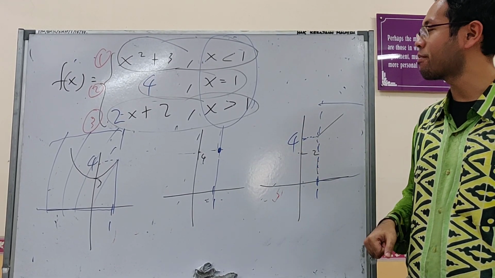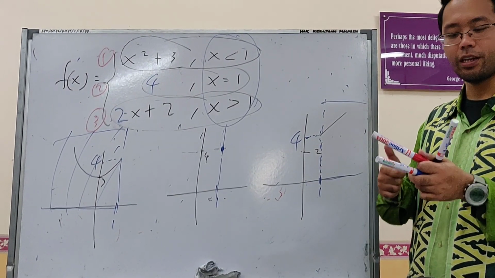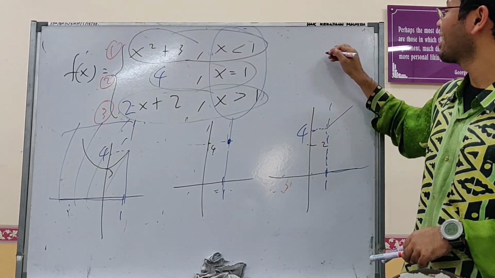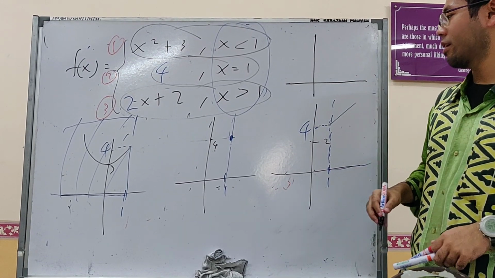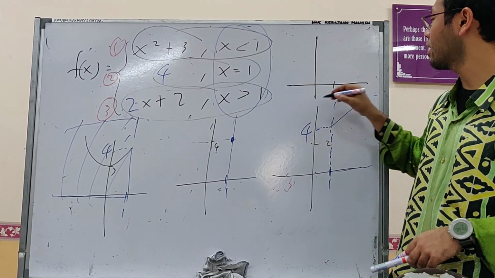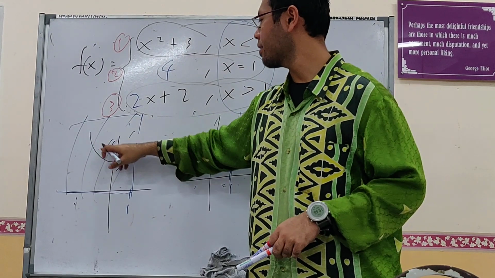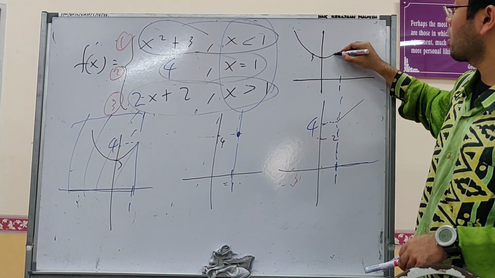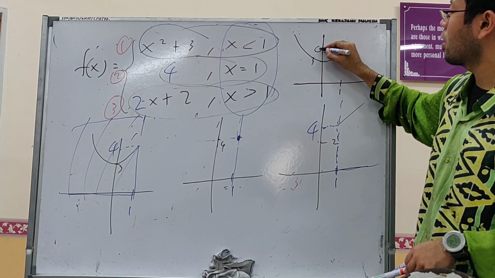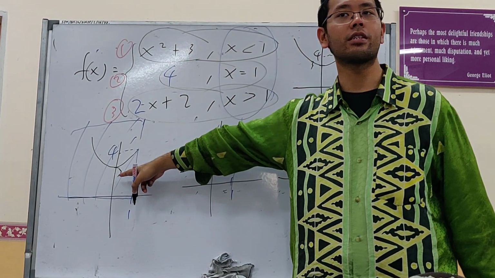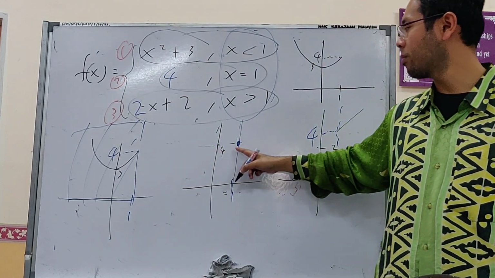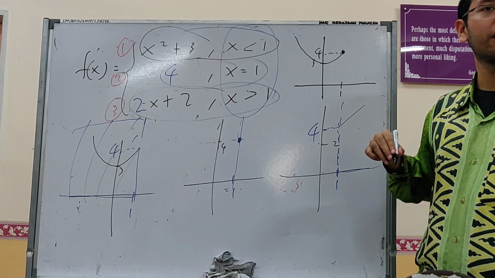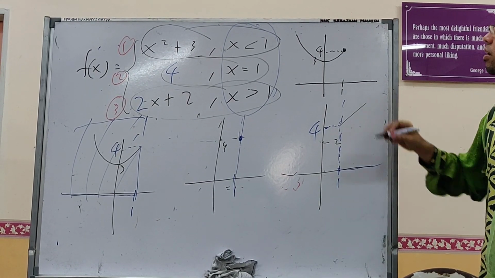Okay, so now we got all of them. Now we need to combine them up and draw them into one graph. So at 1, x squared plus 3, how does it look? How about this one?